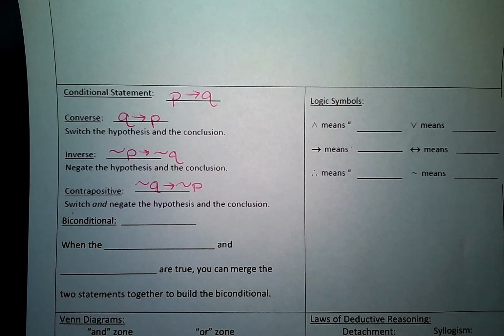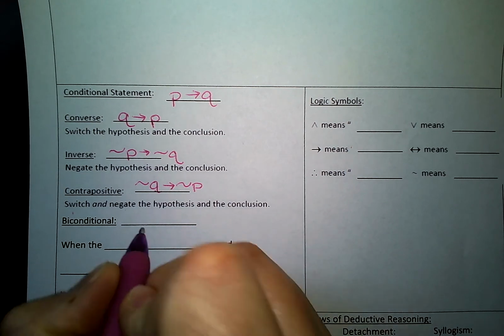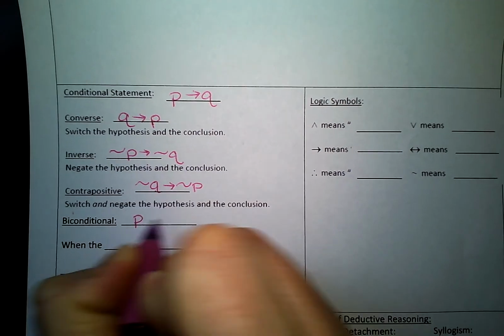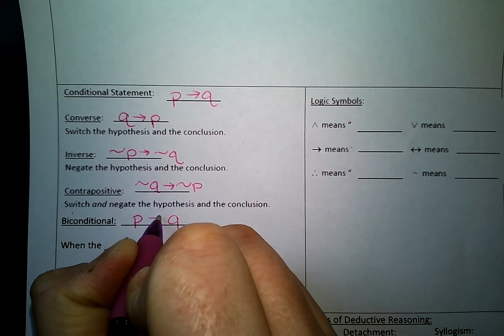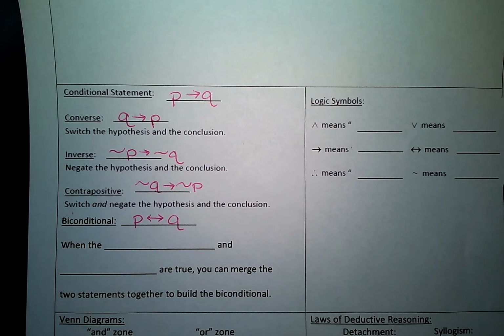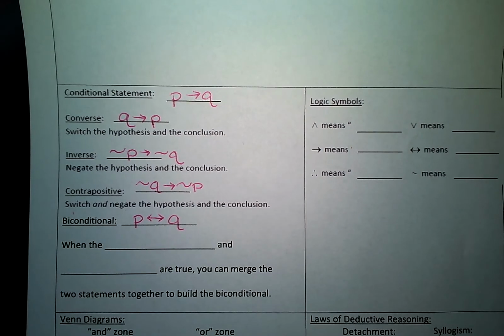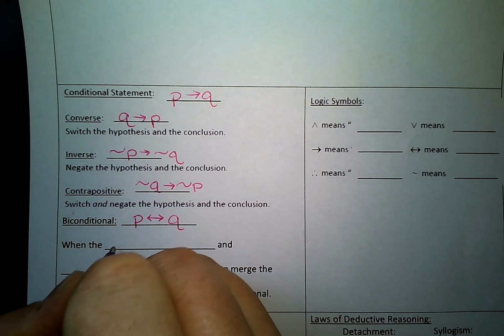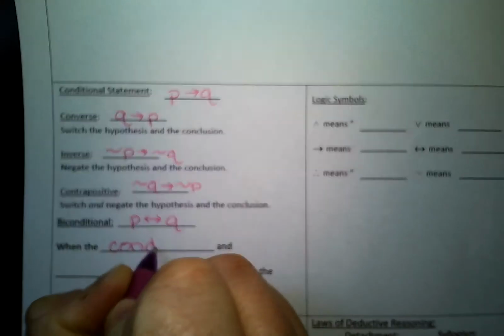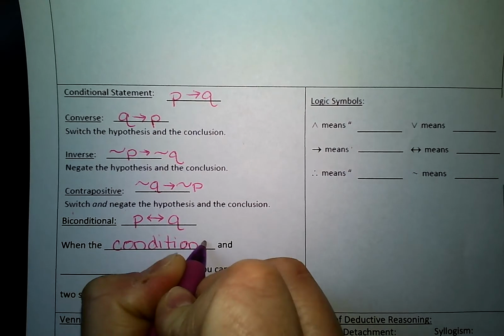Now, there's a very special conditional statement called a biconditional. The biconditional symbolism looks like this: P and Q with a double-sided arrow between them. There's a very special time when you can form a biconditional statement, and that's when the conditional and the converse are both true.